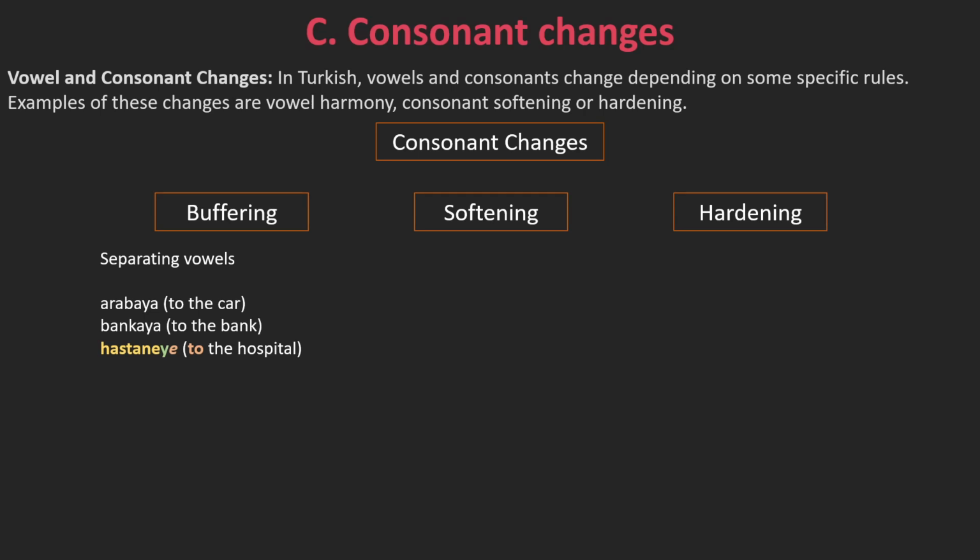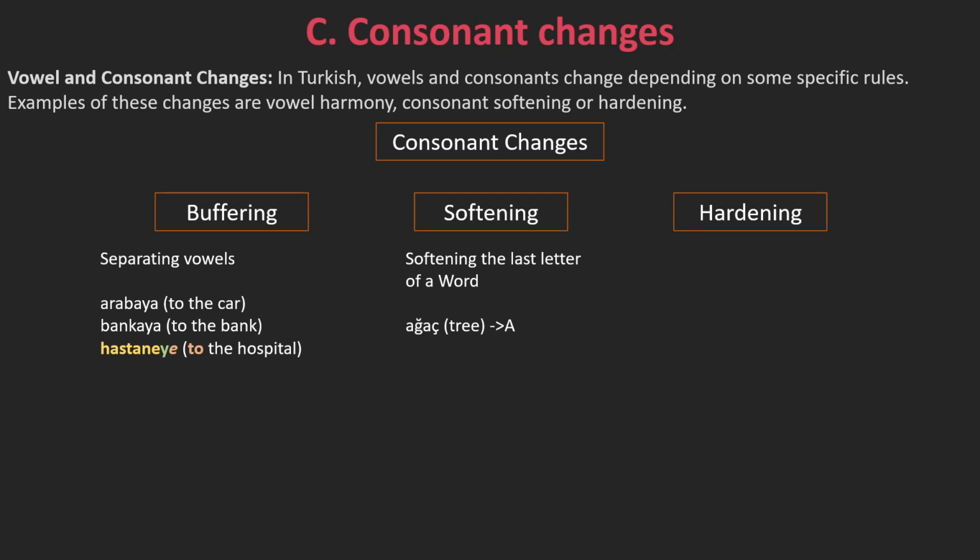So if you have a at the end, wait, I want to add a text here. So, softening the last letter of a word. So for example, if you have ağaç, that means a tree.